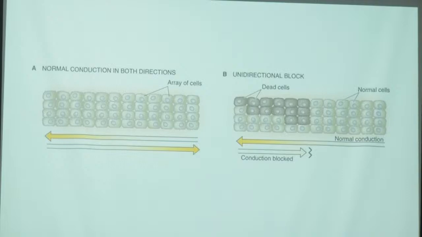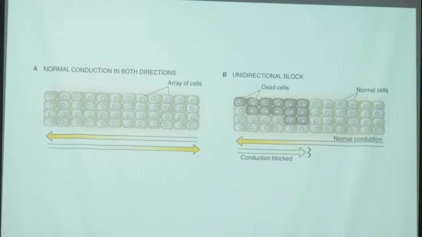If you face a question or short note like re-entry phenomenon, you need to explain this. For re-entry to happen, one must-have condition is unidirectional block in action potential conduction, and this is the pathophysiological basis of unidirectional block. Clear?